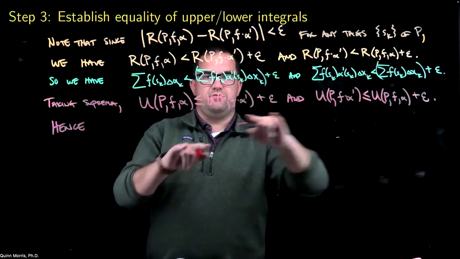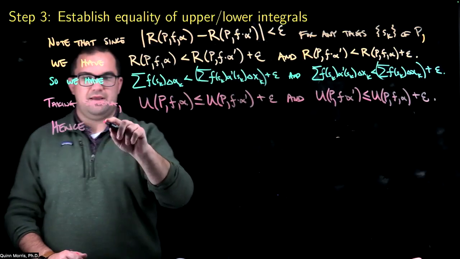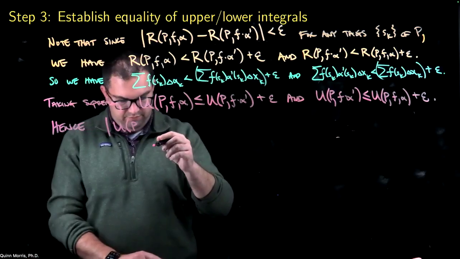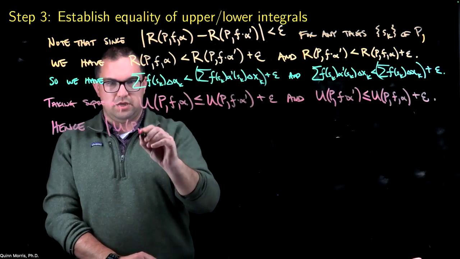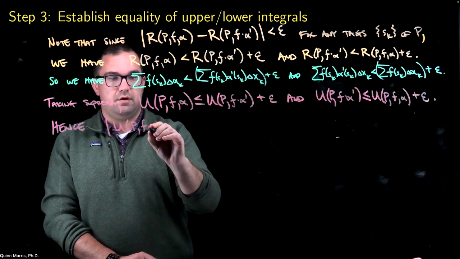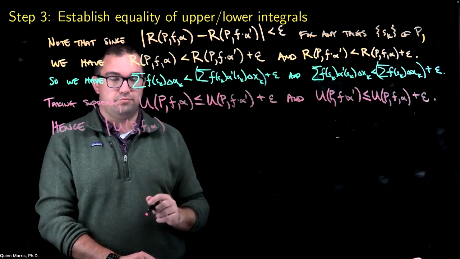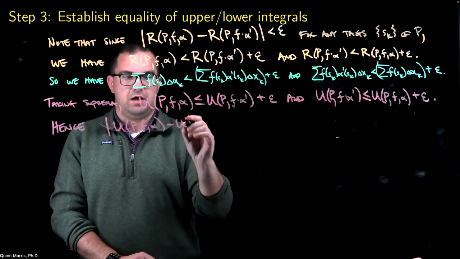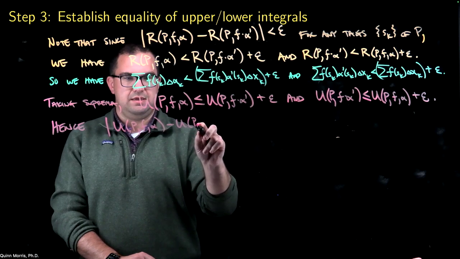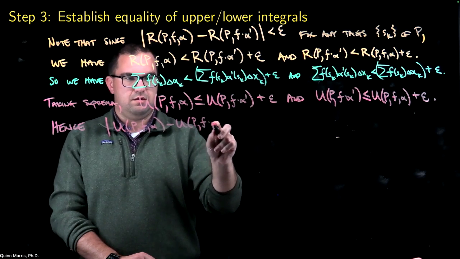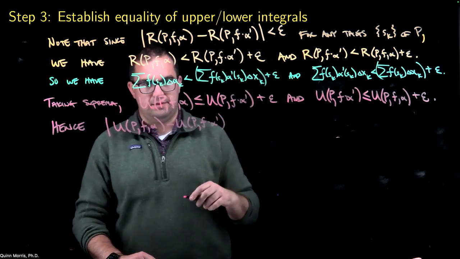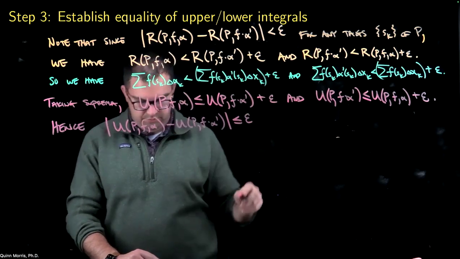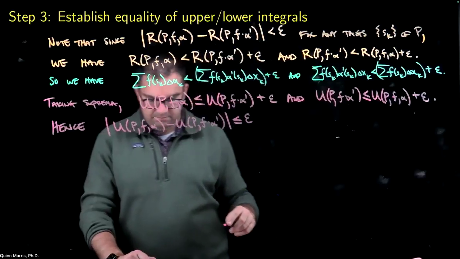If I subtract this over and subtract this over, I can again get that the absolute value of the upper Darboux-Stieltjes sum of P f alpha minus the upper Darboux sum of P f times alpha prime is less than or equal to epsilon.